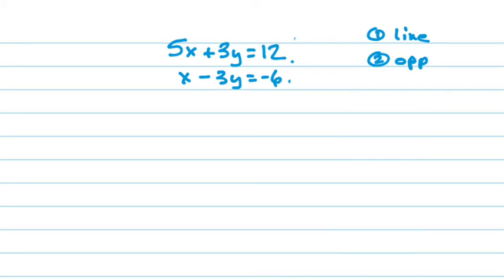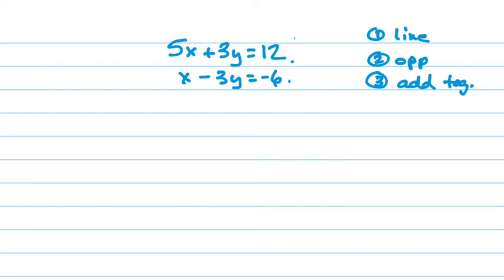So 5x, the opposite of 5x is negative 5x. Well, this is not a negative 5x, it's just plain x, so they're not opposites. But 3y, the opposite of positive 3y is negative 3y. So in this case, we already have two terms that are opposites. So we don't have to multiply or divide or do anything else to these to get my opposites.